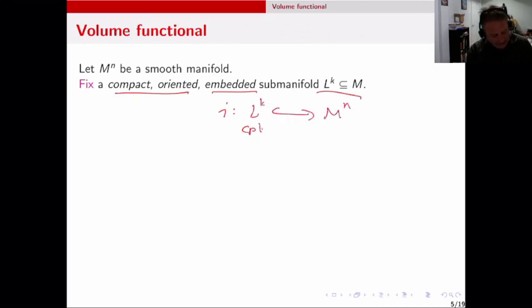This is compact and oriented, and this is an embedding. We're not going to change this. This is going to be fixed throughout the discussion. What we're interested in is: does this embedding, this submanifold, have special properties with respect to an ambient metric on the space M? More precisely, what do I mean?